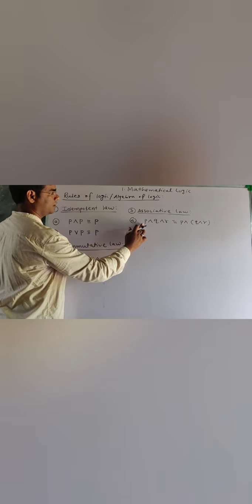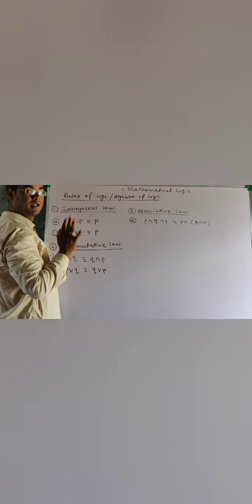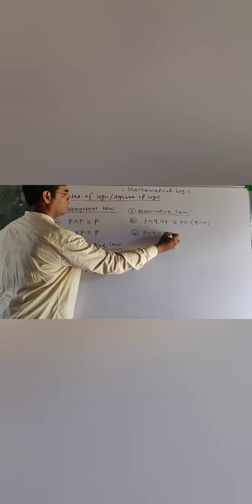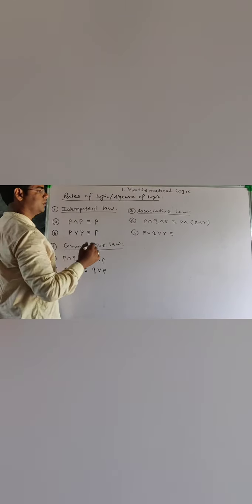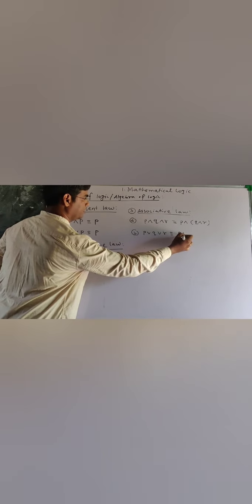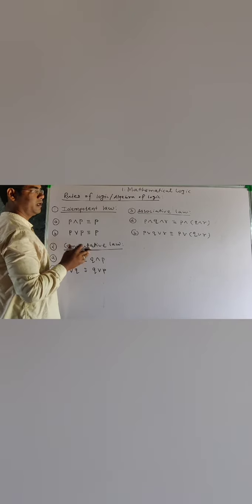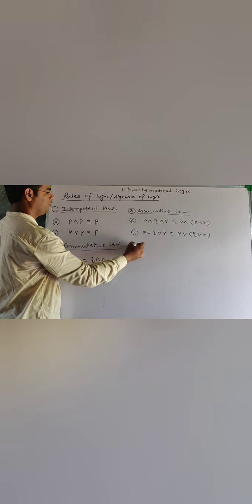All three statements should be connected by and, or all by or. Then we can write any two of the statements in a bracket. This law is known as associative law. Associative means write together.